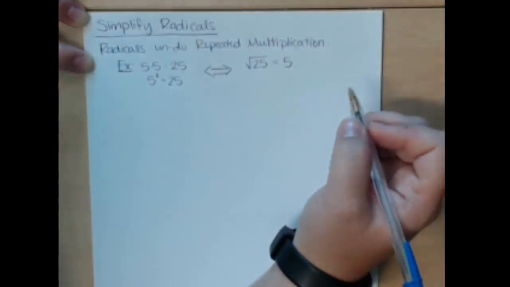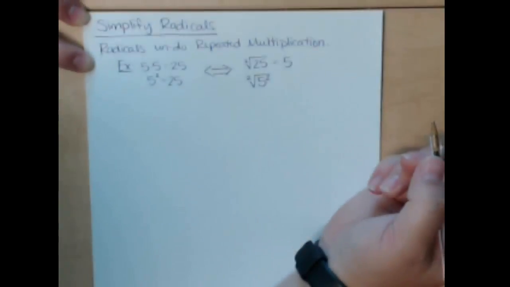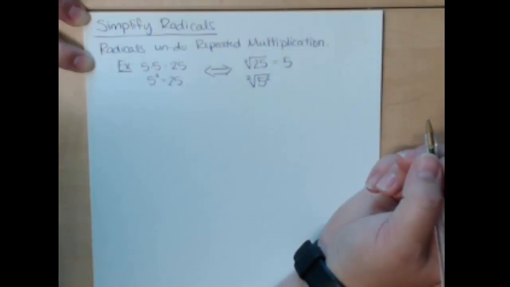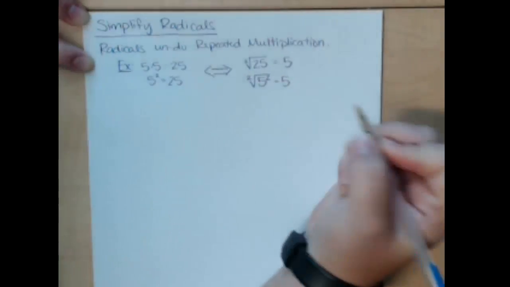And the reason is that with a square root, my little index number here is a 2, right? So if I take the square root of something that has 2 copies of a number below it, then the square root and the square actually cancel one another out, right? These undo one another, and I'm left with just 5.